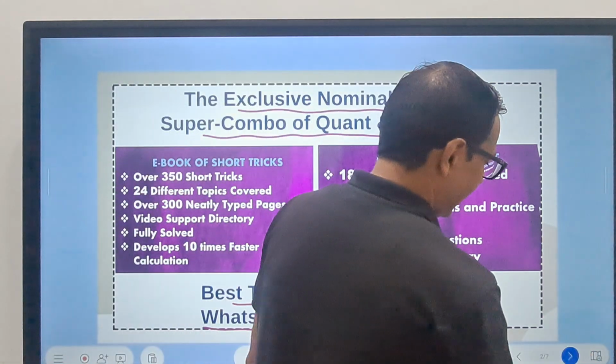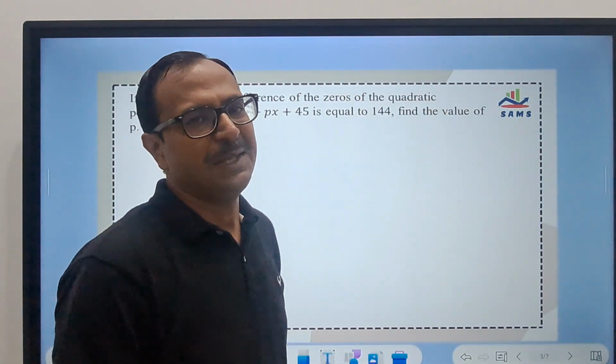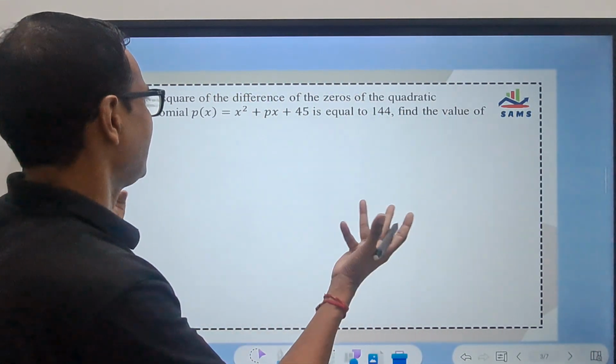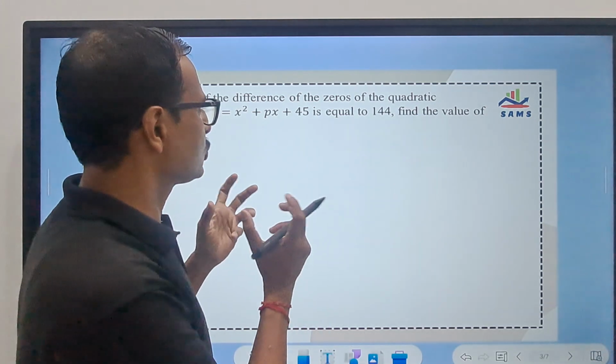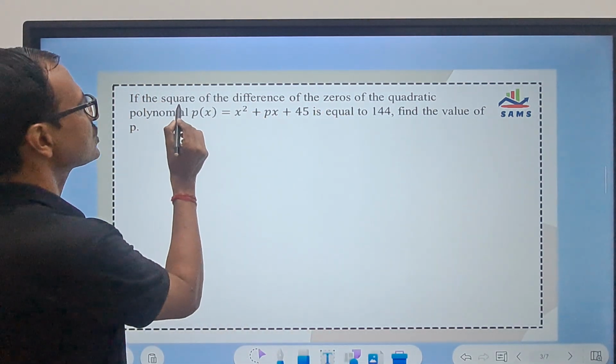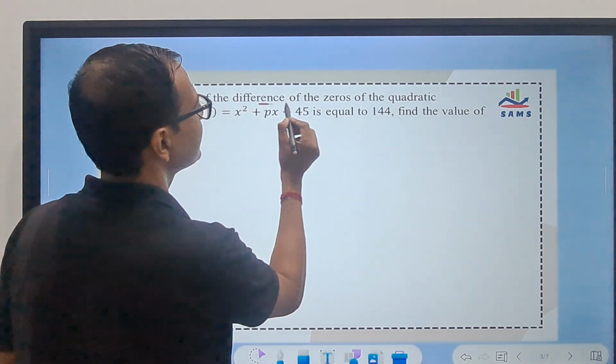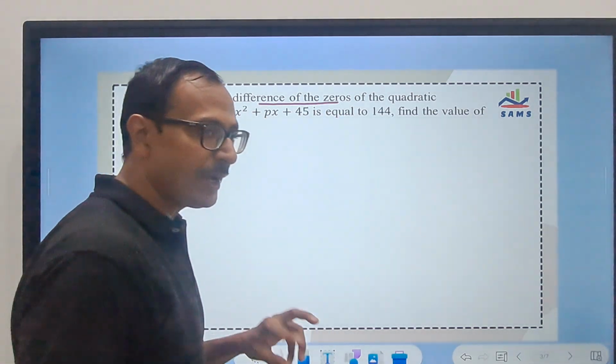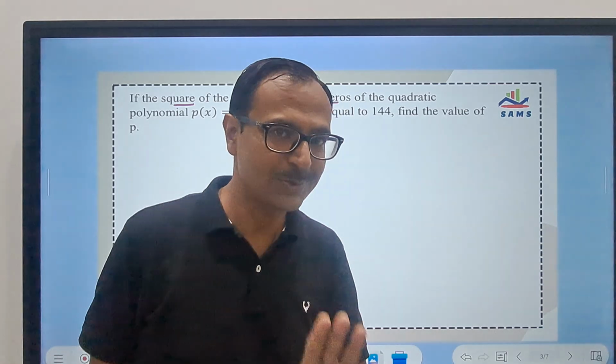Let's see the questions in hand now, friends. The first question, all the students who are prepared for this chapter should know this question. If the square of the difference of the zeros.